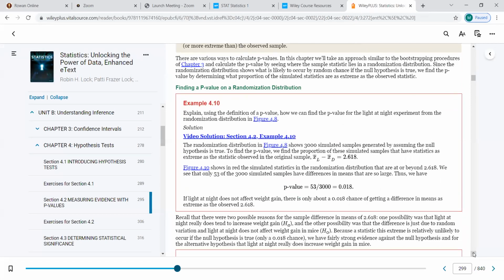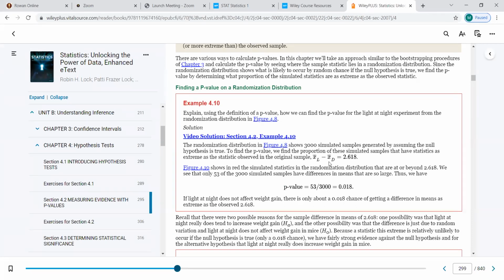Now, here's an example here. Suppose you have a randomization distribution of 3,000 samples, and we have the light group and the dark group. The difference in the two groups is 2.618, so that's a difference in the means.